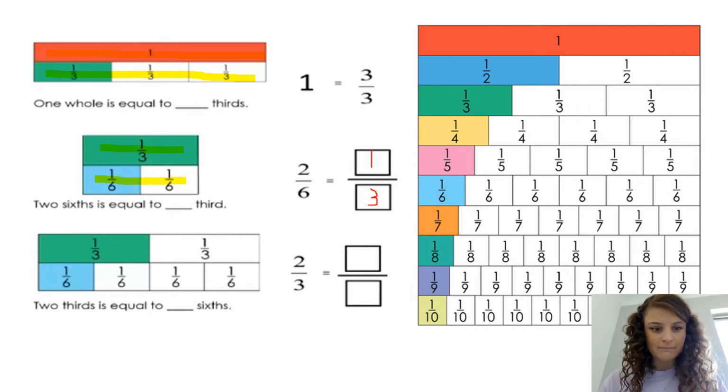Okay, let's try the next one. 2/3 is equal to blank sixths. So this is 1/3, but remember the question has asked us for 2/3, so we need to highlight 2 parts. And we're trying to find out what takes up the same amount of space as 2/3. Well, I can see that 2/3 is equal to not 1/6, not 2/6, not even 3/6, but 4/6.